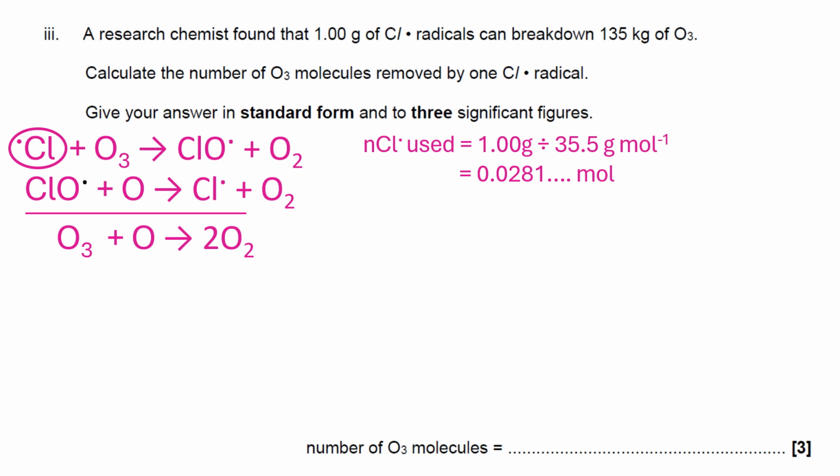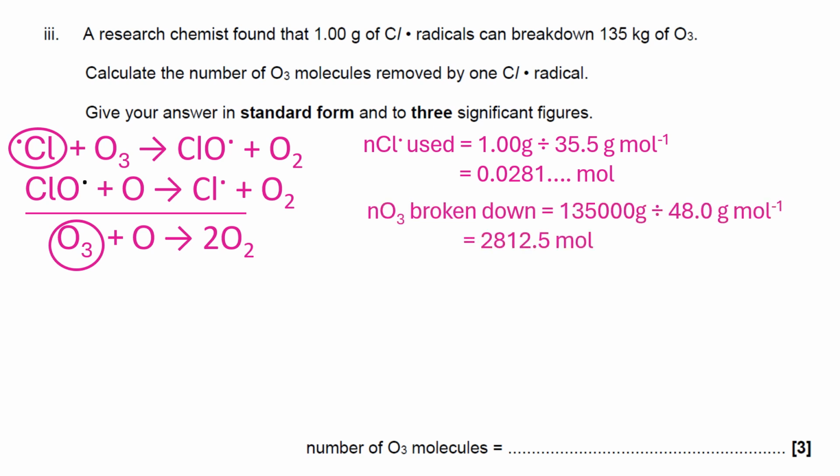So that gives us 0.0281. I've truncated the value. And then we go to the ozone. There's 135 kilograms, but obviously we need to use that in grams when we're doing mole calculations. The molar mass of ozone is 48 grams per mole, so that gives us 2,812.5 moles.